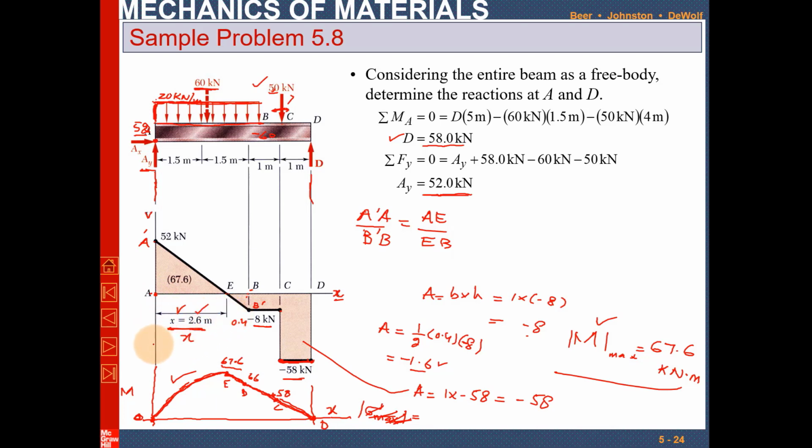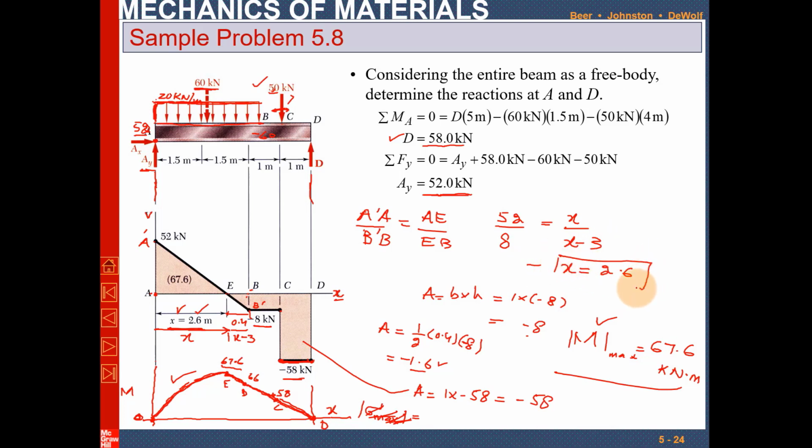So obviously this distance is x, and this will be x minus 3, because the total distance is 3. Clear? So you have to put in the values. A dash is 52, divided by B dash which is 8, equals AE which is x, over EB which is x minus 3. So when you solve this, x comes out to be 2.6.